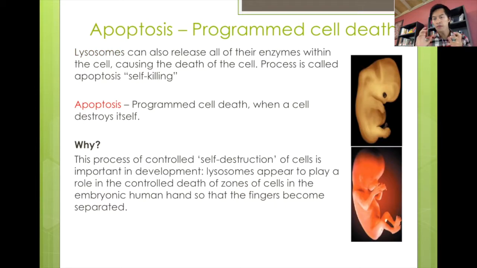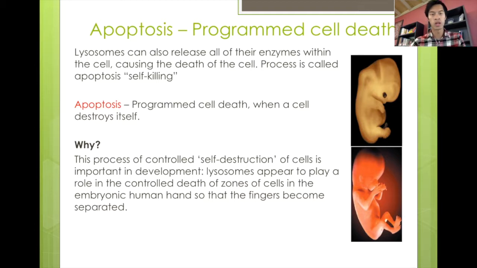Now, the autophagia part is quite interesting because during a particular process in development naturally within organisms, there is a process called apoptosis that occurs. Now, apoptosis is programmed cell death. When the cell purposely and intentionally dies, or the organism gives the instruction to get rid of the cell, that's apoptosis.